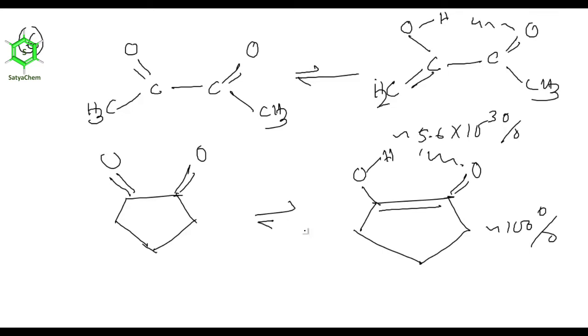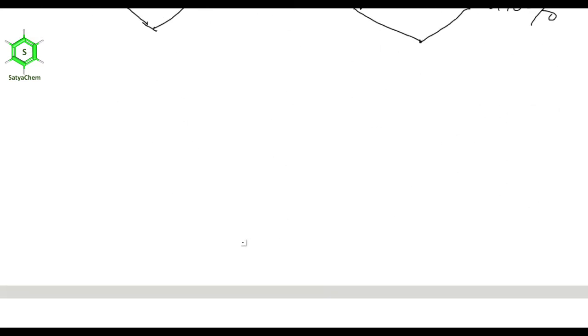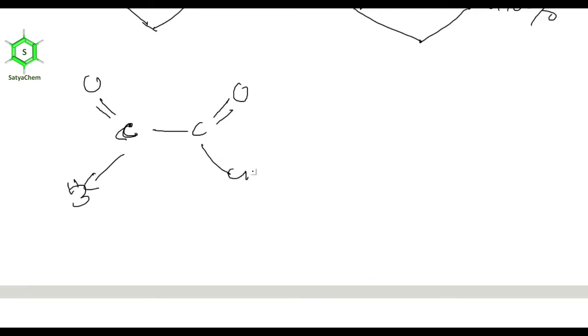In the first example, in the first case, there is severe dipolar repulsion between the two vicinal carbonyl groups.